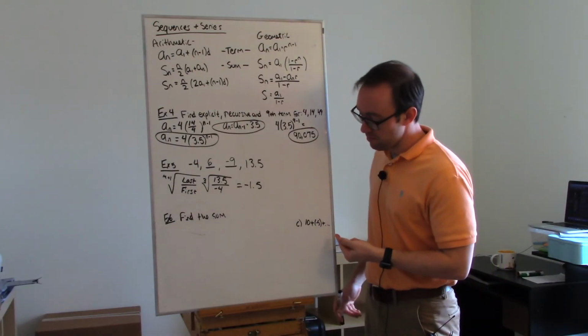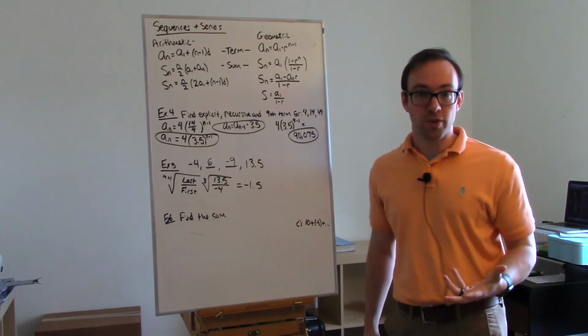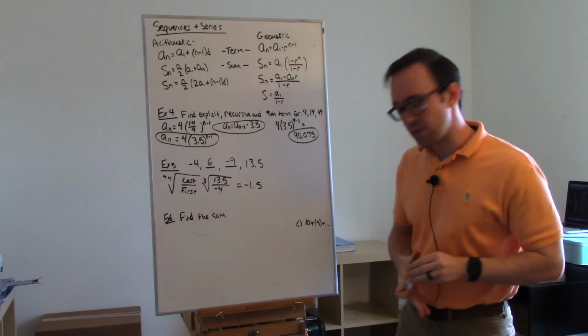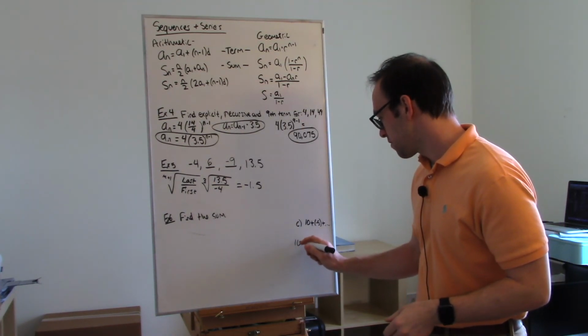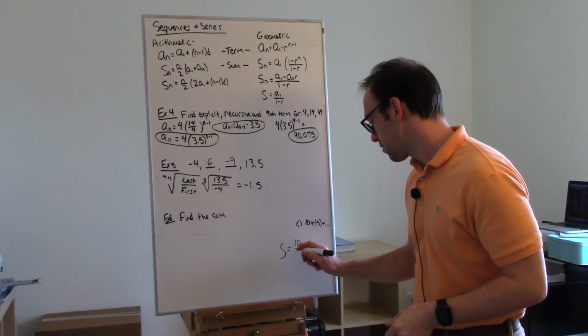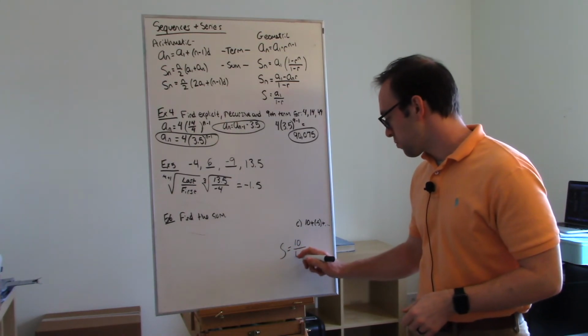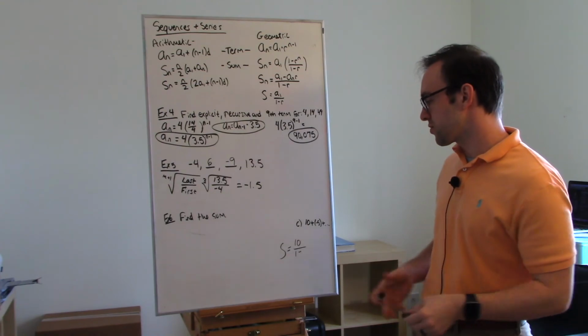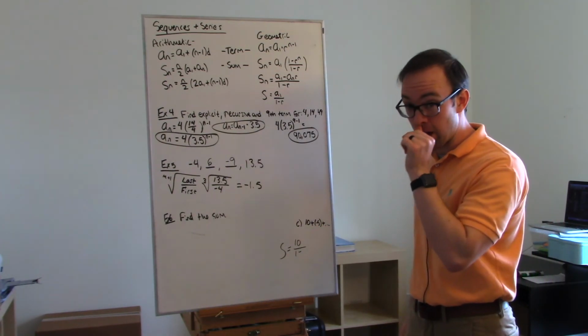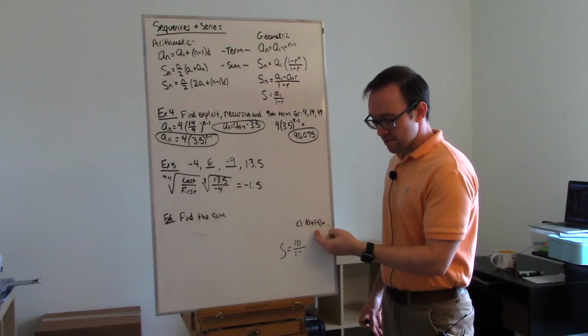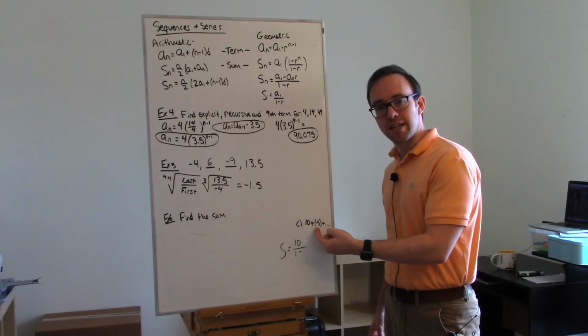Now let's look at part C. This is an infinite sum, so we're going to be using the last formula that we have under geometric sequences and series. a1, which is 10, over 1 minus r, so what we're multiplying by in this case, to go from 10 to -5.